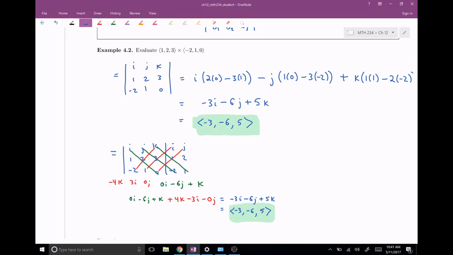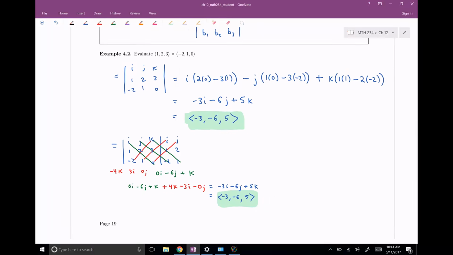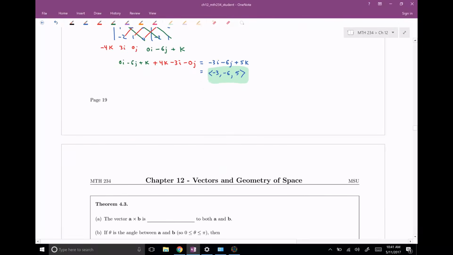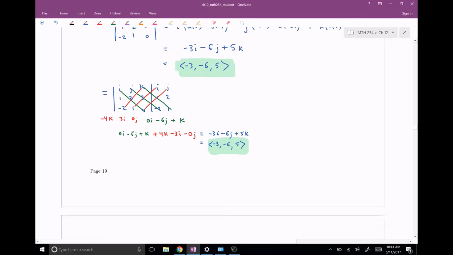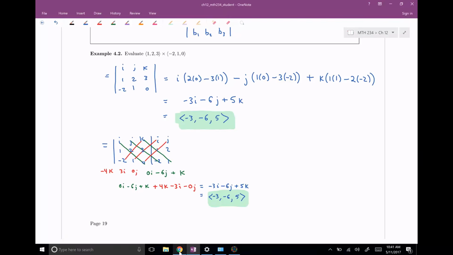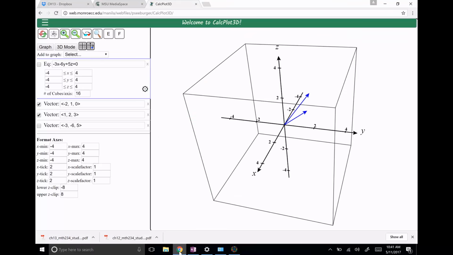Okay, so this is the cross product. The claim is that it actually solves the question that we were out to solve. Originally, we wanted to find a vector n that was perpendicular to 2 specified vectors. So in this case, I went ahead and graphed these things.